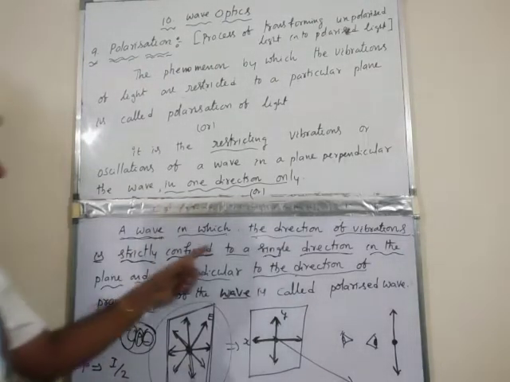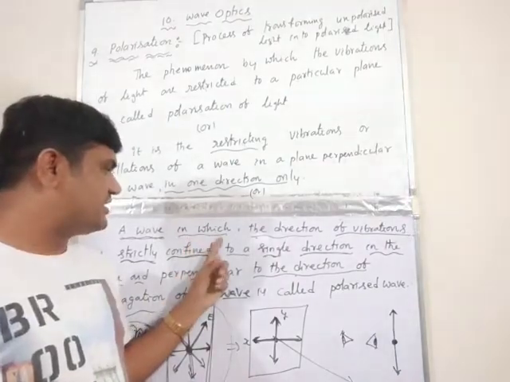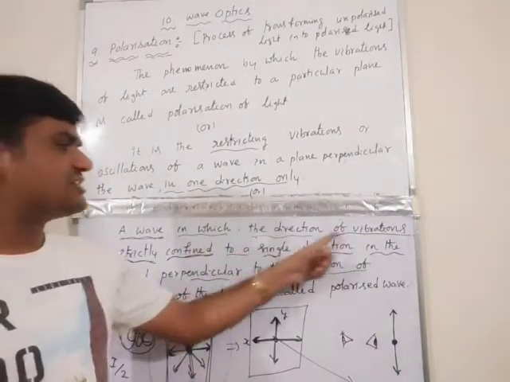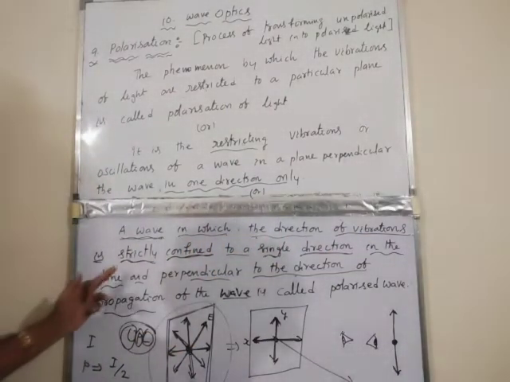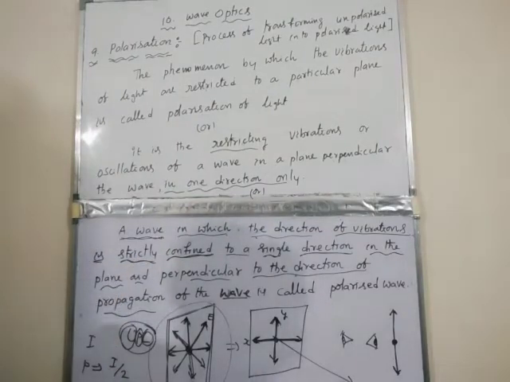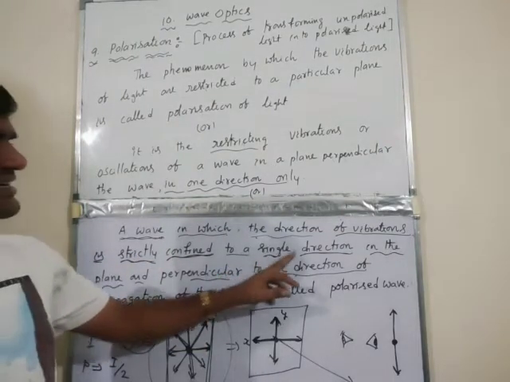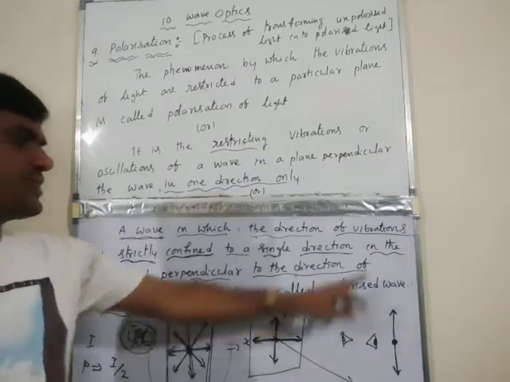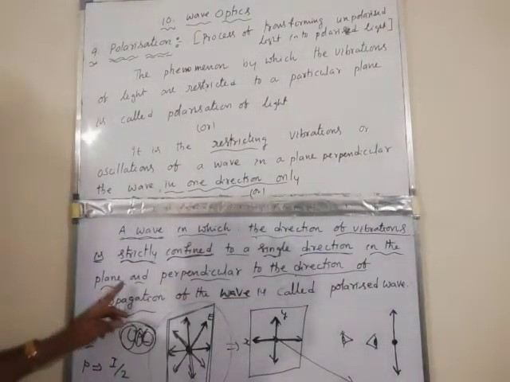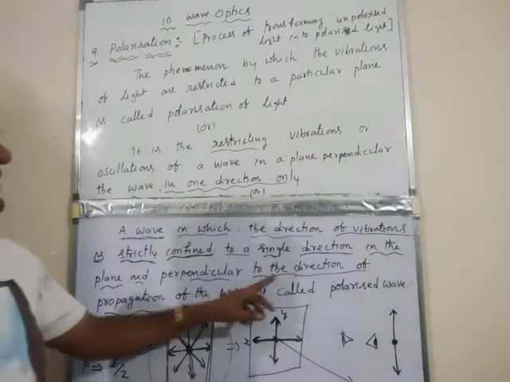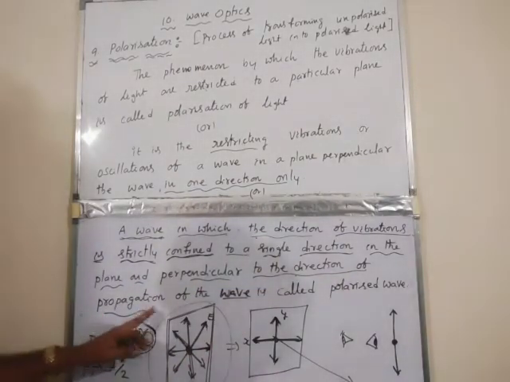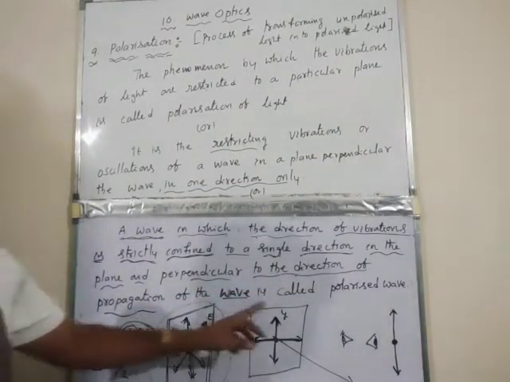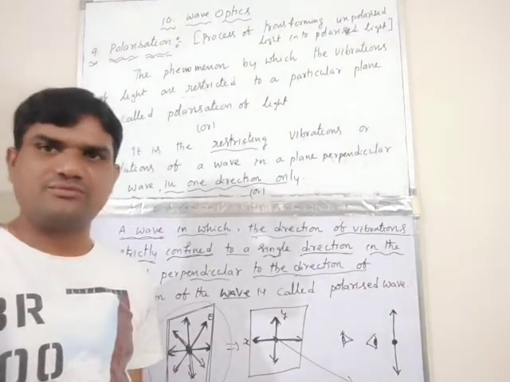That means a wave in which the direction of vibrations is strictly confined to a single direction in the plane and perpendicular to the direction of propagation of the wave is called a polarized wave.